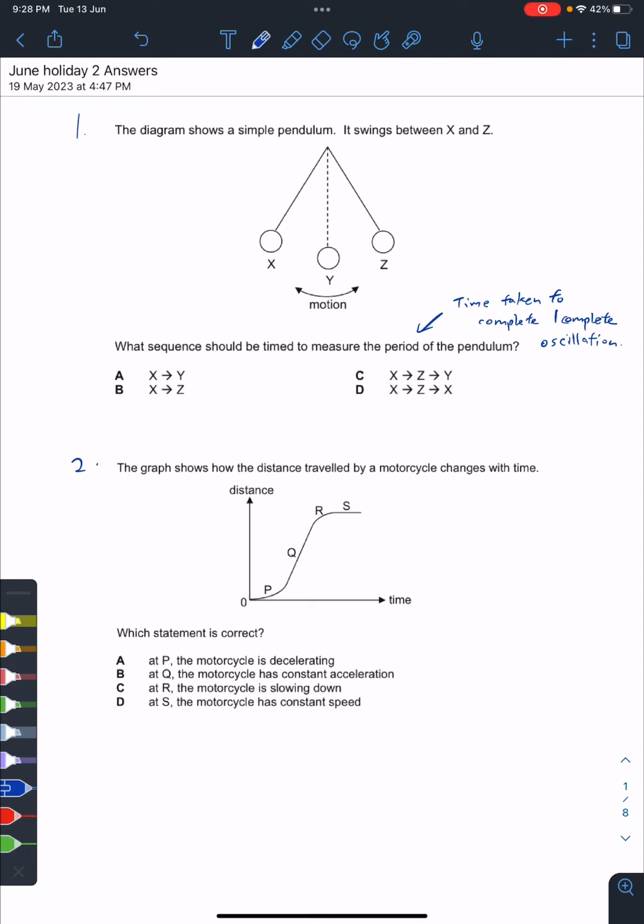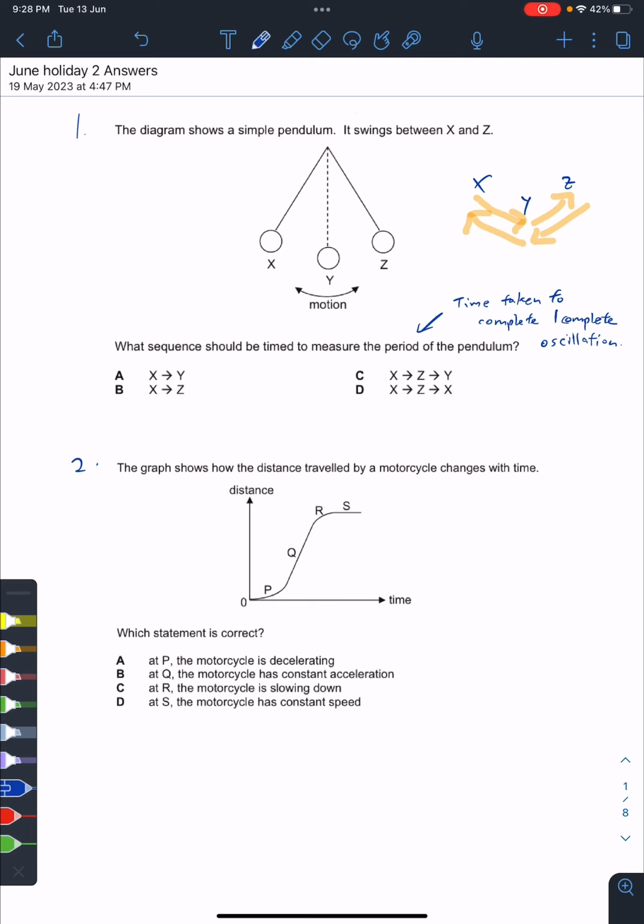A complete oscillation is from X, Y, Z. So it is from X to Y, Y to Z, Z to Y, Y to X. Essentially one whole round. It's like running on a track: you have to go one whole round back to the same spot.